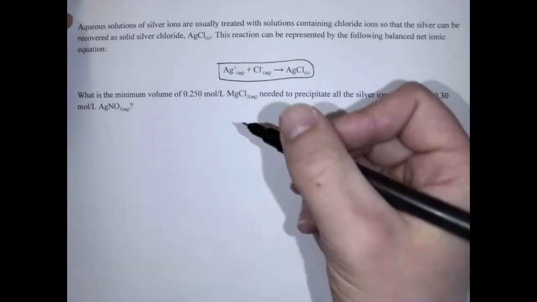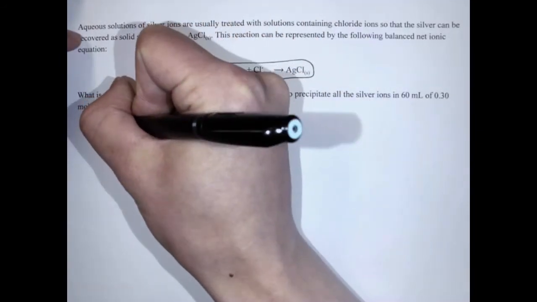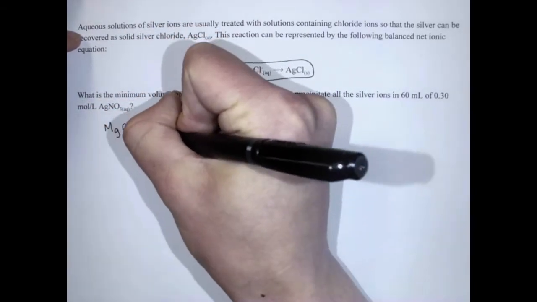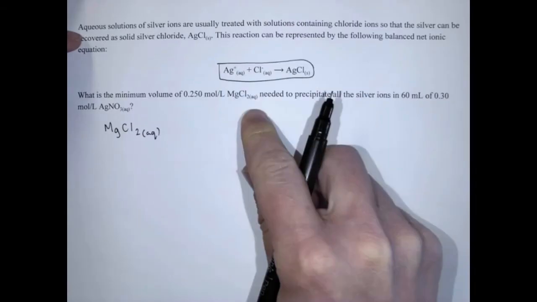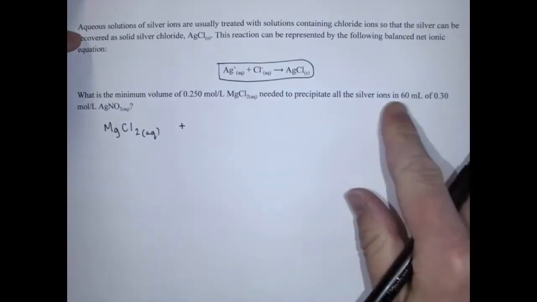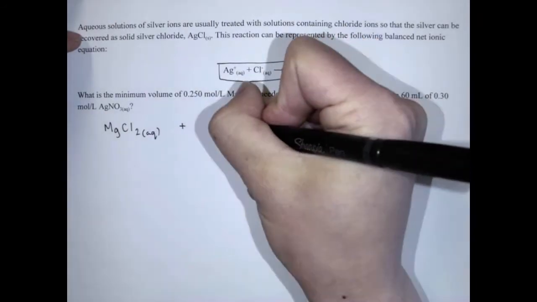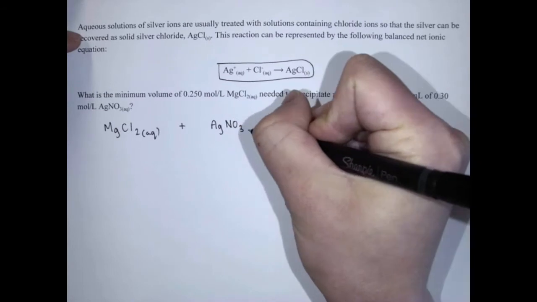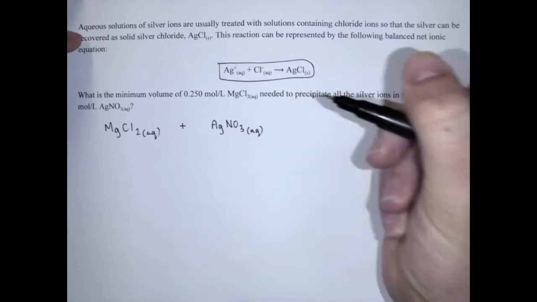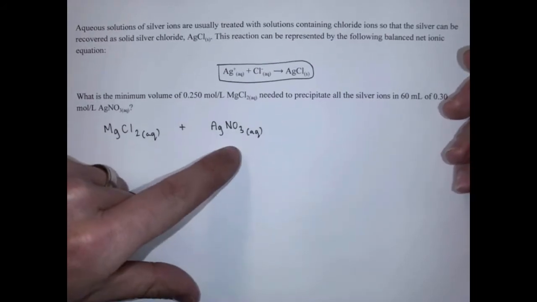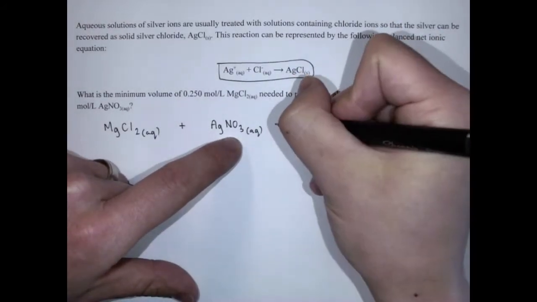We're going to take some magnesium chloride, and it's a solution, so I write aqueous. And we're going to react it with silver nitrate, also aqueous. So you can imagine we've got one test tube with magnesium chloride, one test tube with silver nitrate.